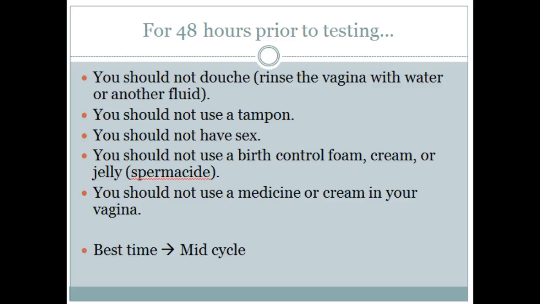It should still be able to get a decent reading, but ideally 48 hours prior to testing, women shouldn't douche, which really we never want them to douche, but we don't want any douching. Ideally they haven't used a tampon, they haven't had sex, they're not using any kinds of creams or jellies, vaginal estrogen, spermicides, anything in their vagina.